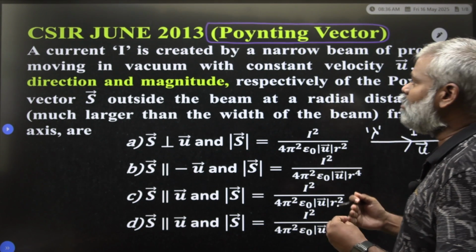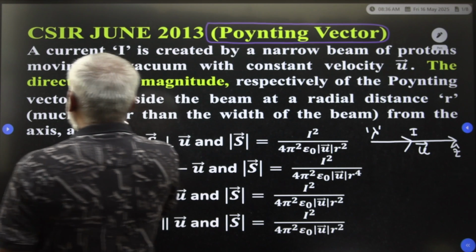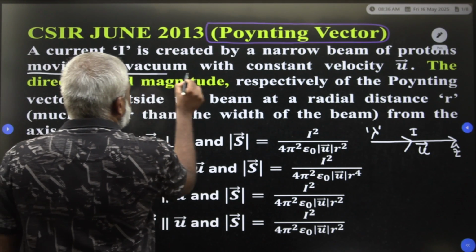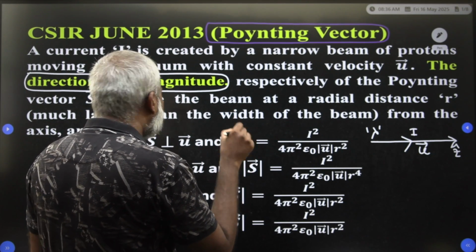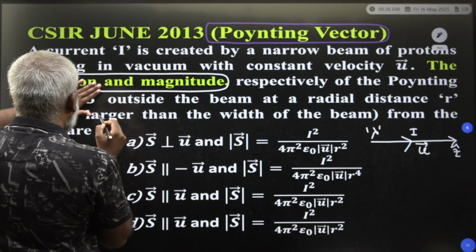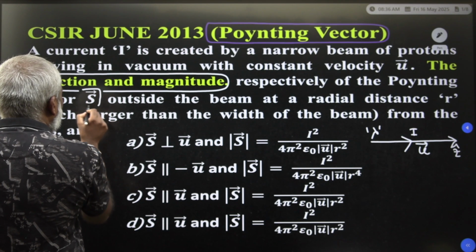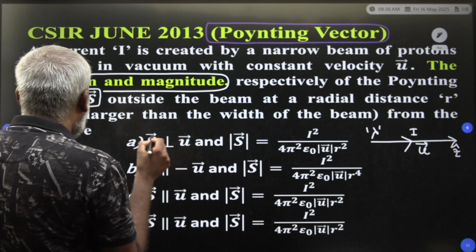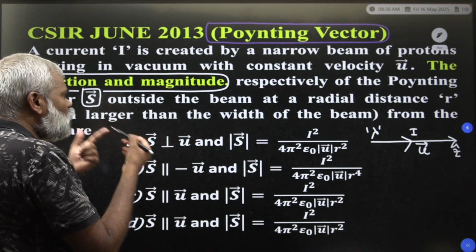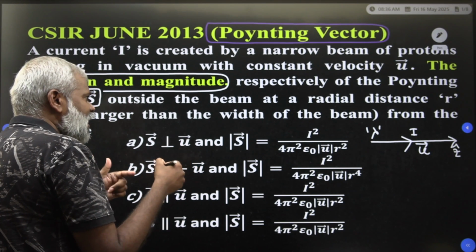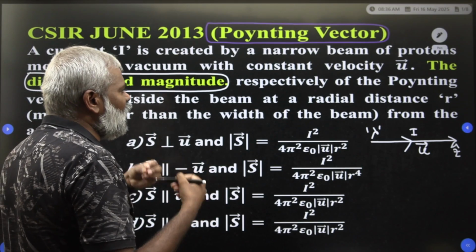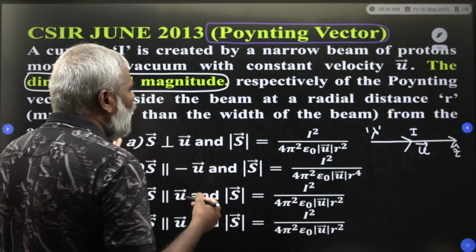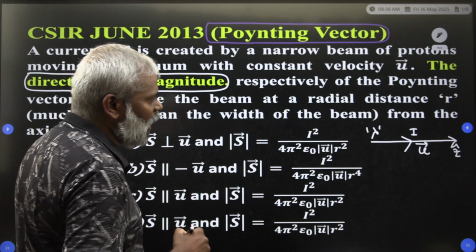We need the direction and magnitude, respectively, of the Poynting vector S outside the beam, at a radial distance from the axis that is much larger than the width of the beam.